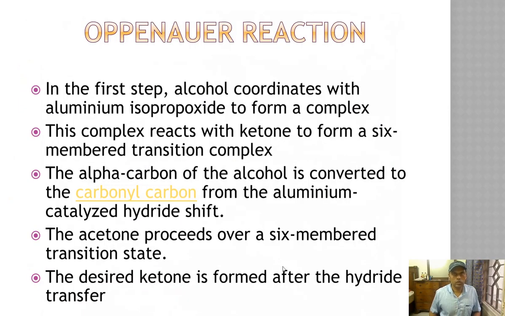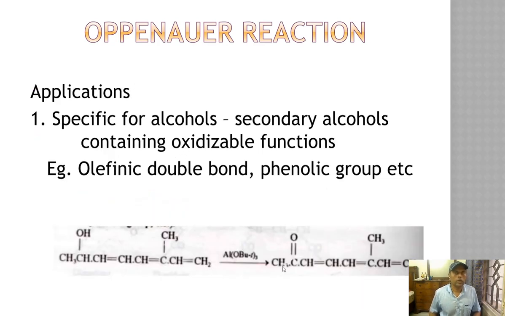Alright, let's go next. This is the step which I just explained, and let's look at the application of this reaction. Where is it useful? Number one, it is specific for alcohols, especially secondary alcohols containing oxidizable functions.